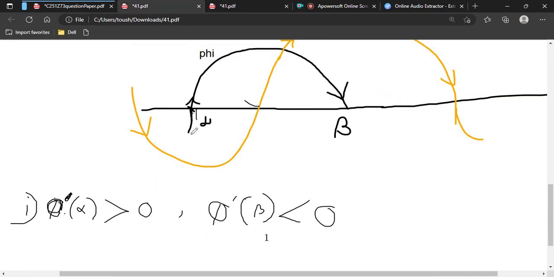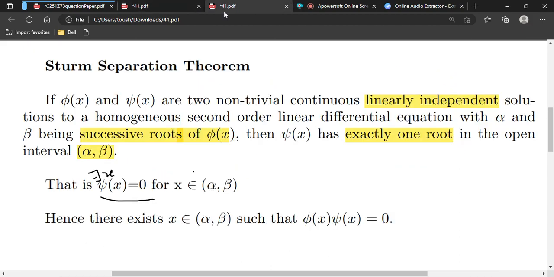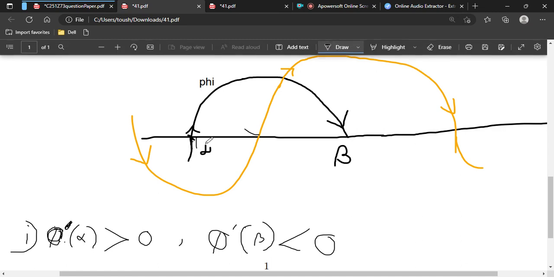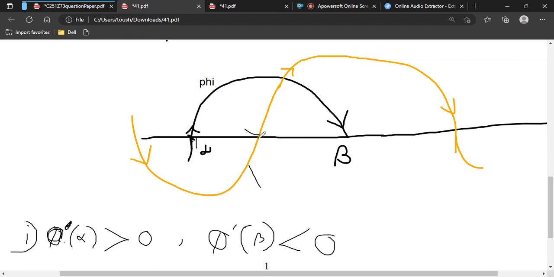So I took this graph to explain the Sturm separation theorem, exactly what it is saying here. See, this is alpha and beta, two zeros of phi. Then this one is the graph of psi. See that alpha and beta are two zeros of phi, then in between them psi has a 0.